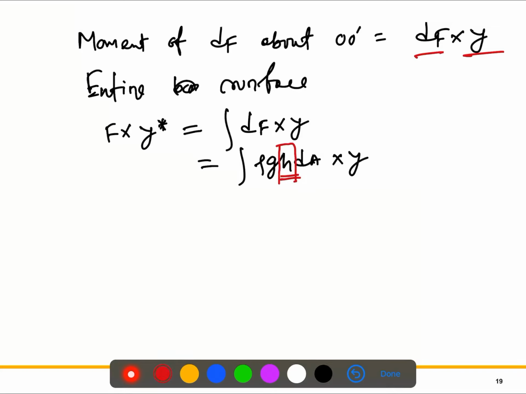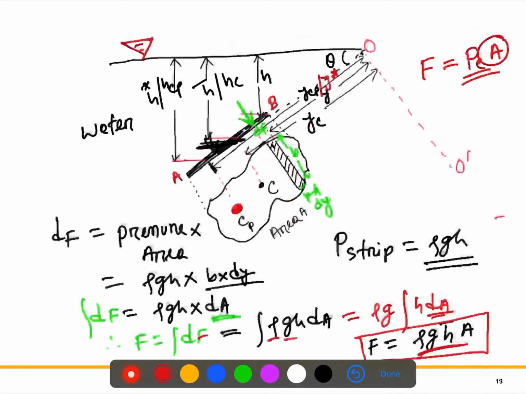So how can we get h? This is interesting. We can go back to the previous slide. If we look at this, we are looking for this h star, or h_cp. This is the line this way, and this is the distance.